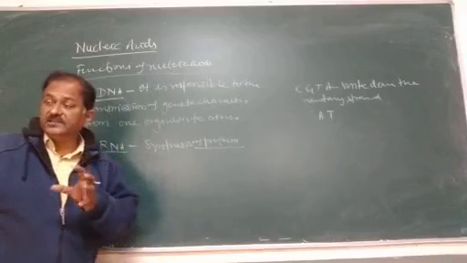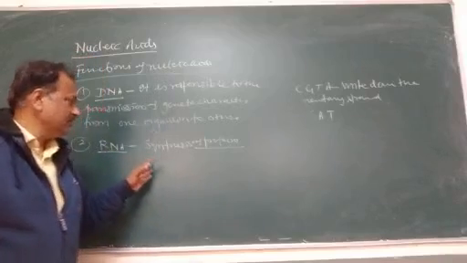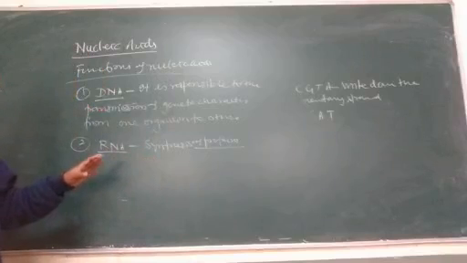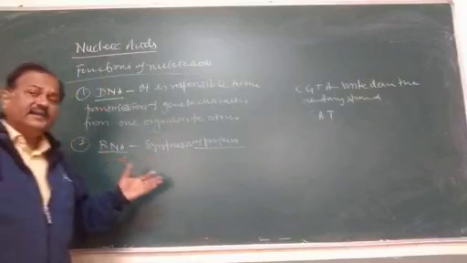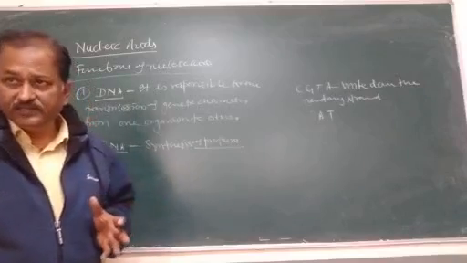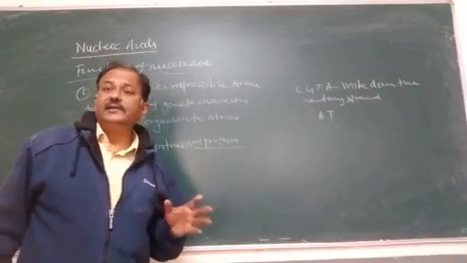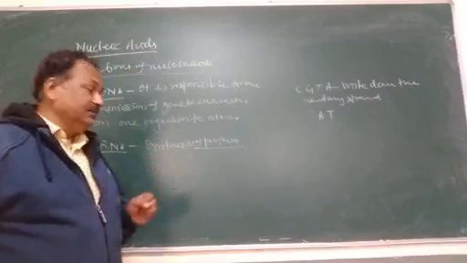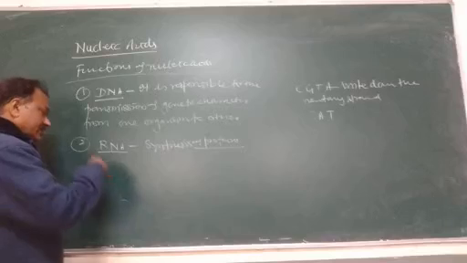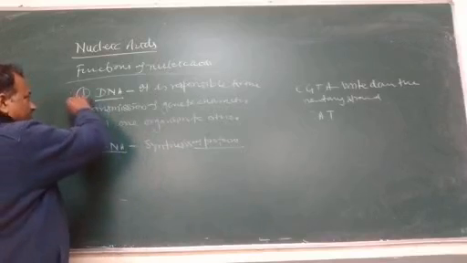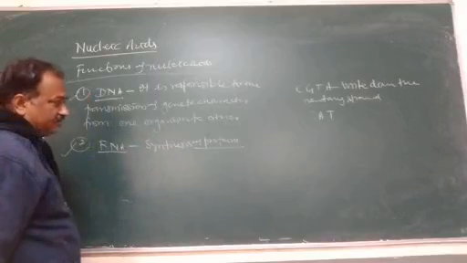RNA is responsible for the collection, and it is a very complex process. RNA involves different points, and RNA is of different types. These are the classes. So these are the two very important functions.